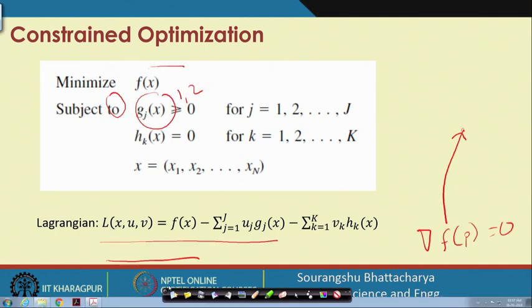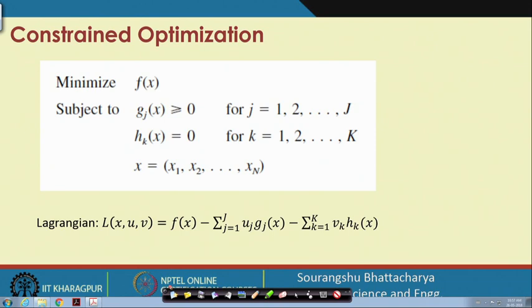Another important issue is how to incorporate constraints into the objective function. For example, if we have a general optimization problem of this form, minimize f of x such that gj of x is greater than or equal to 0 and hk of x is equal to 0.